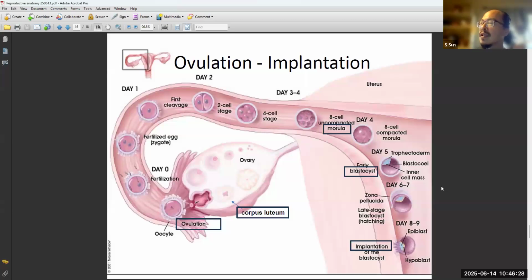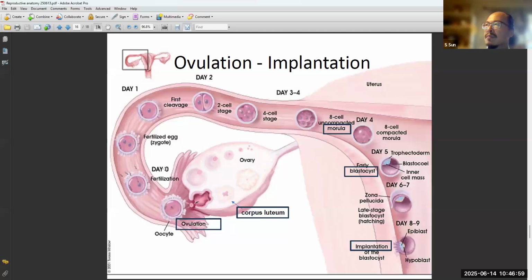So here I show you the ovulation. Terminology here: ovulation is to deliver the oocyte into the fallopian tube. Fertilization is different from ovulation; you need to know that term. Fertilization means that the oocyte meets the sperm. The location is the fallopian tube. Then the third term is implantation, right here.